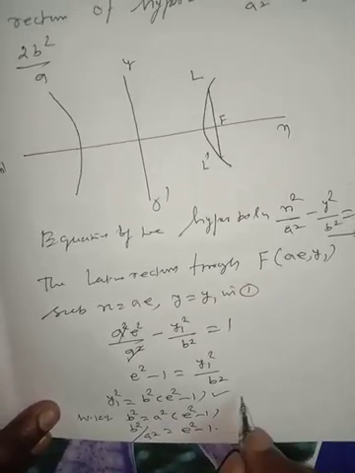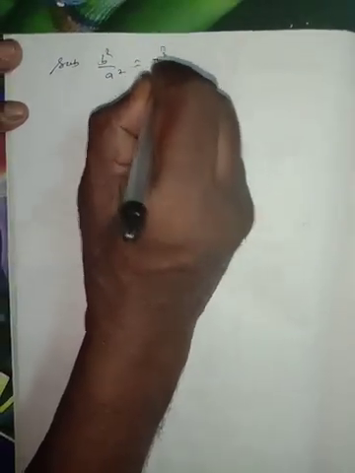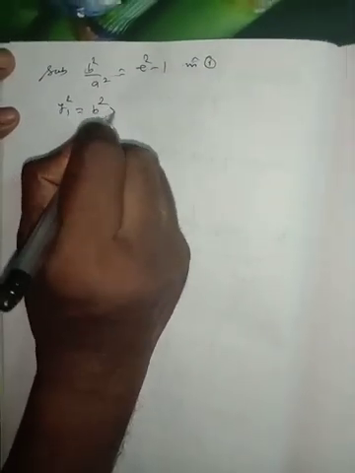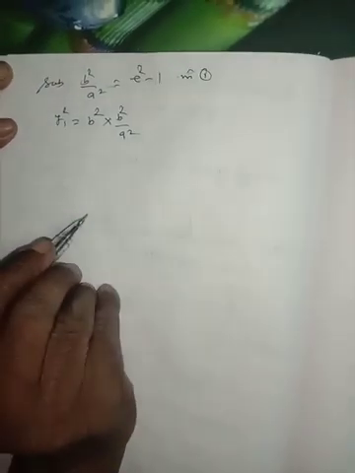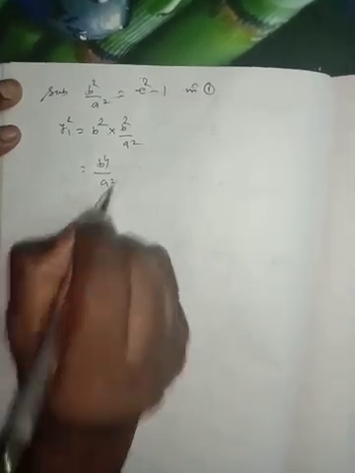Substitute b square by a square, which is equal to e square minus 1, in equation 2. So y1 square is equal to b square into b square by a square, that is b to the power of 4 divided by a square.